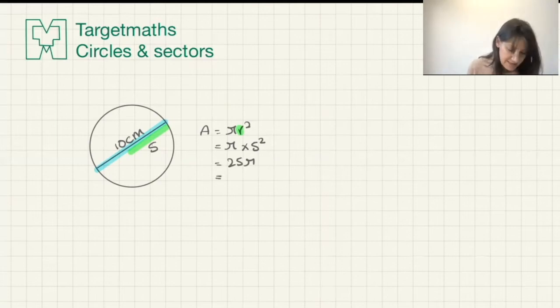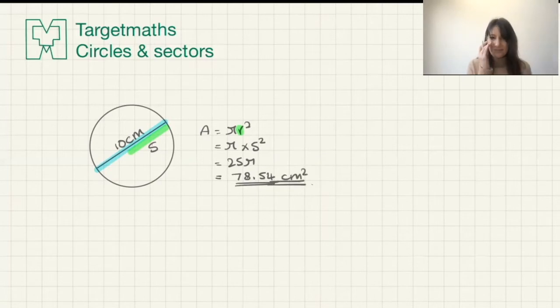Go all the way to the decimal, and I've got 78.54. That's to 2 decimal places. It's area, so centimeters squared. If you got that right, really, really well done. Hit pause now, have a go at the circumference, and play when you're ready.